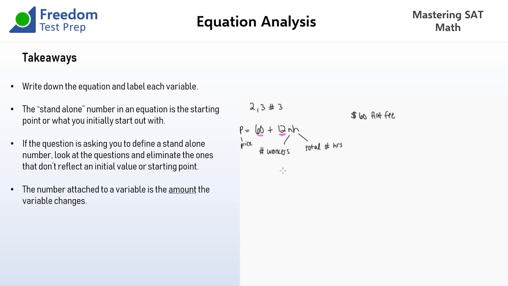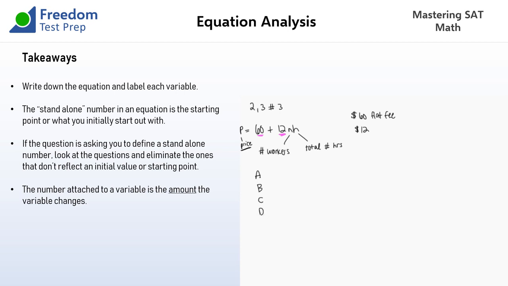Just for using our service, we're going to charge you $60. And then come in the number of workers and the hours that they work, right? So 12 also has to do with money because this whole thing is about the price. So $12, it's going to be $12. So now let's look at the answer choices and see what they give us.